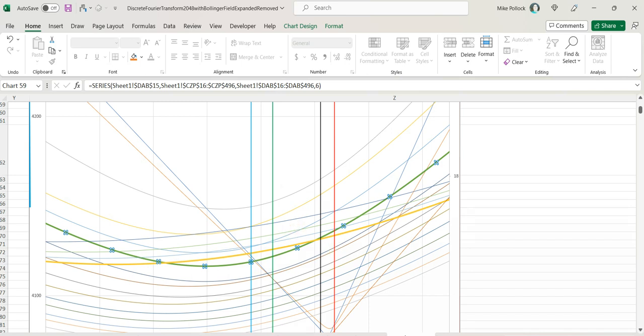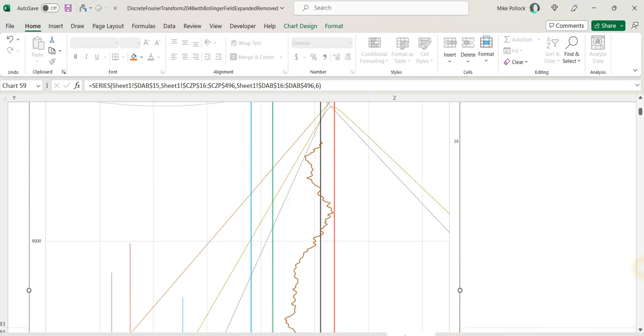The value of these lines are on the y-axis. And if I go down a little bit, there's the actual price during the day that will be on the chart if you buy the program.